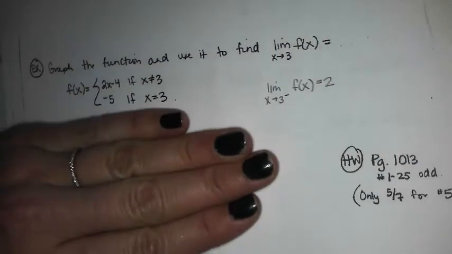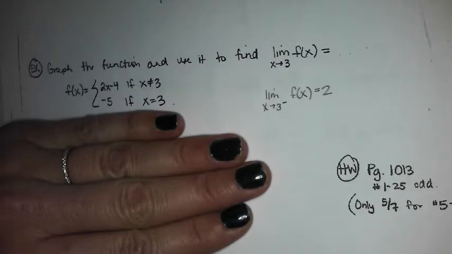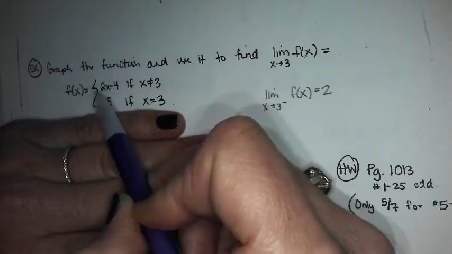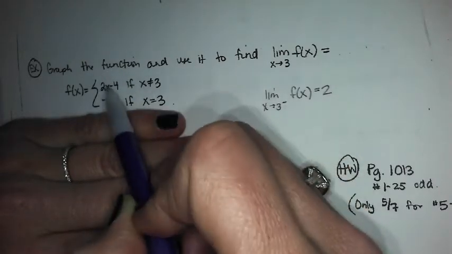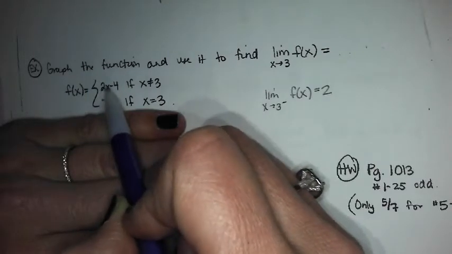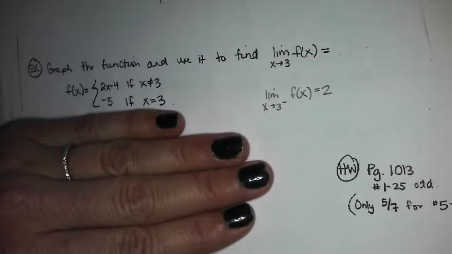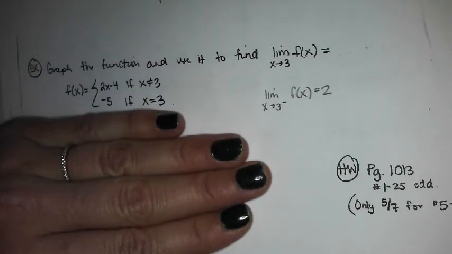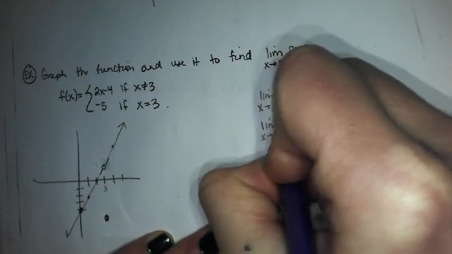How would you get that if you didn't draw the graph? Right. Essentially your graph is this line. Yes, there's a hole right at 3, but that doesn't mean you can't still plug 3 in and get 6 minus 4 to find out that had they not made this so there was a hole, that's where that point would have been. Would have been at 2. And then obviously the same is true if you're approaching that from the right.